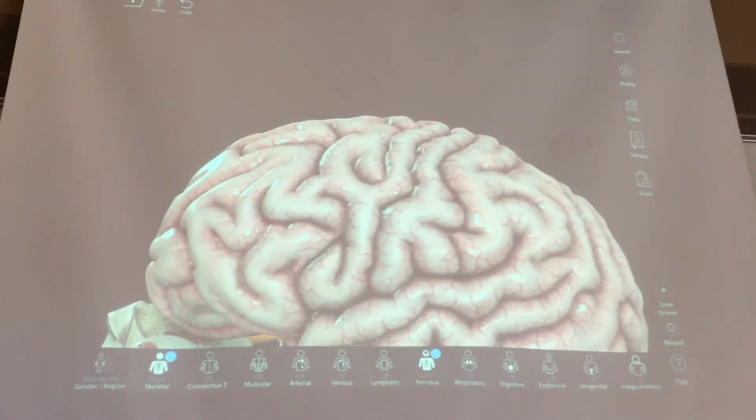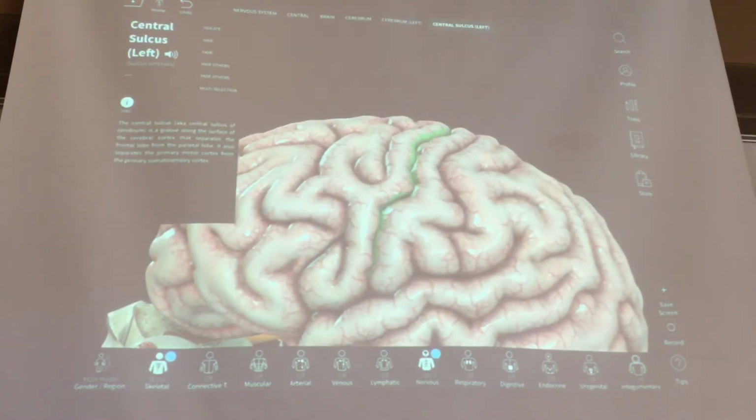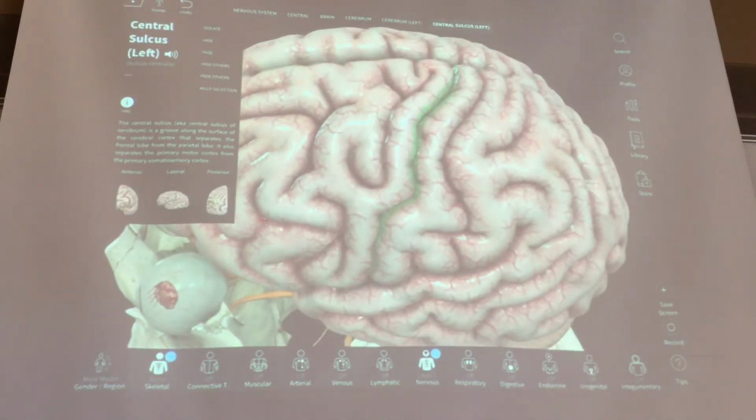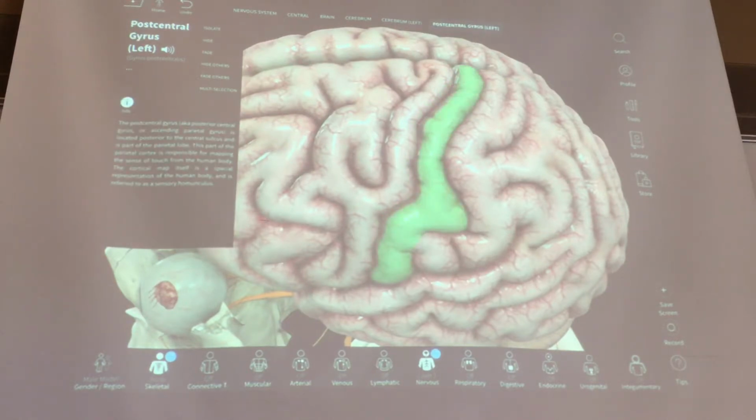And okay, so we've got our central sulcus right here. Spin them over. Okay. And so the postcentral gyrus is the primary somatic sensory area. Okay? So that would be the one that's behind the central sulcus. So this is our postcentral gyri.